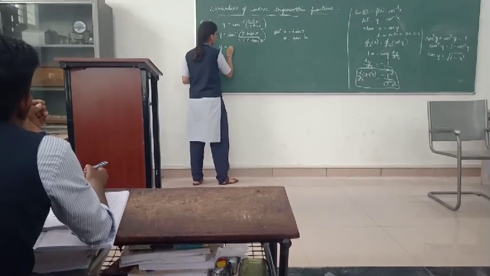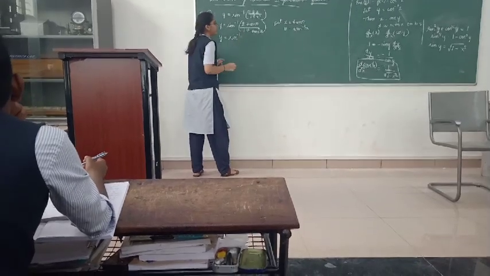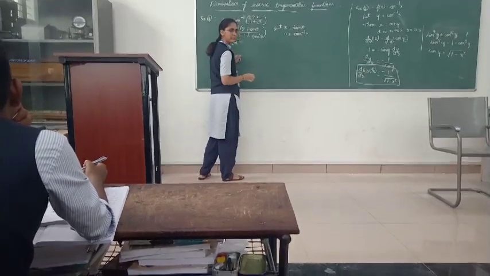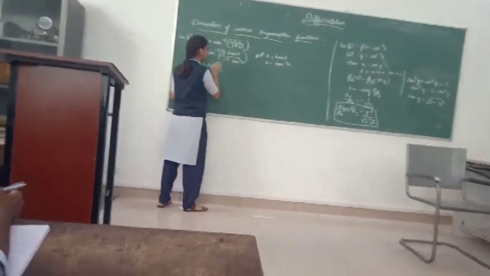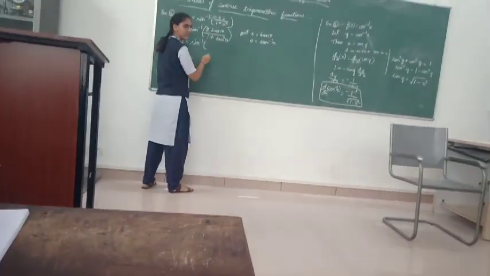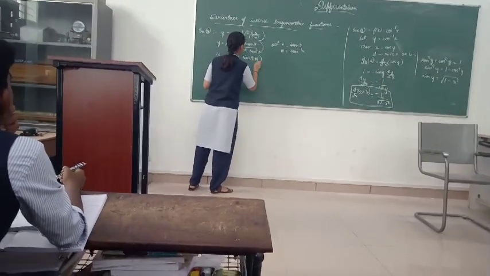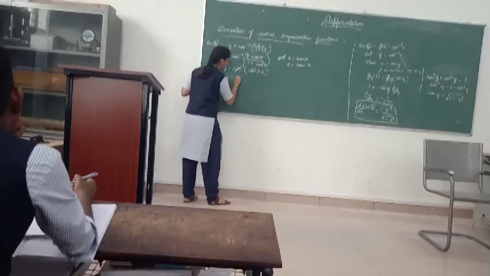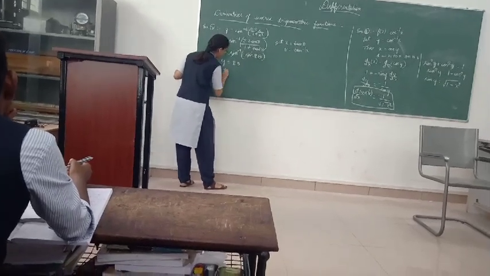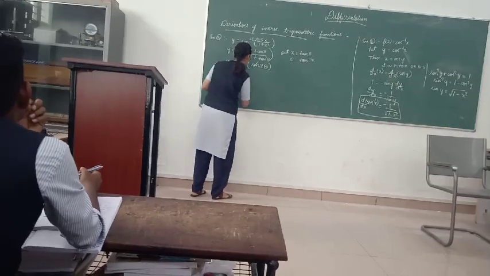You know that sin 2 theta is equal to 2 tan theta divided by 1 plus tan square theta. So here if we put sin 2 theta, sin inverse and sin cancel. So y is equal to 2 theta, that is y is equal to 2 tan inverse of x.